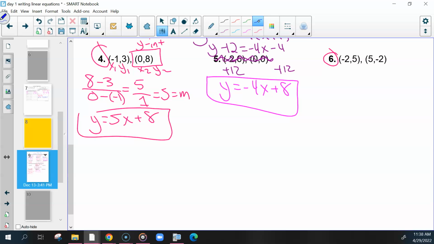Find our slope. That would be negative 2 minus 5 over 5 minus negative 2. What would our slope be? Negative 7 over positive 7, which would simplify to be negative 1.